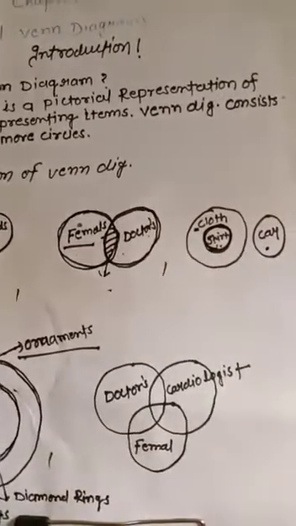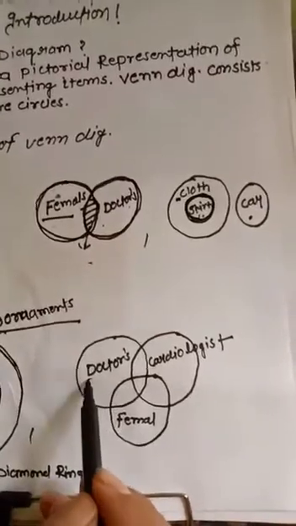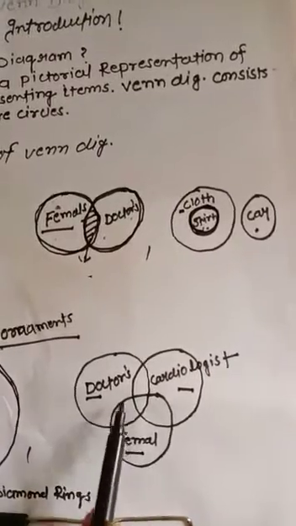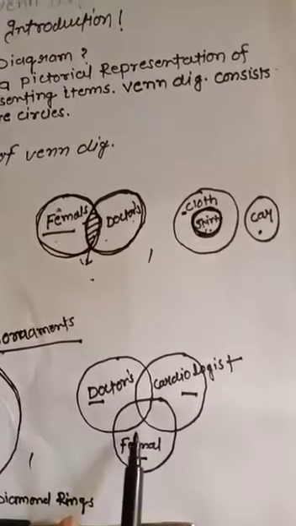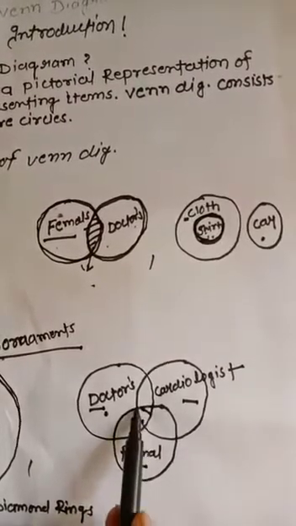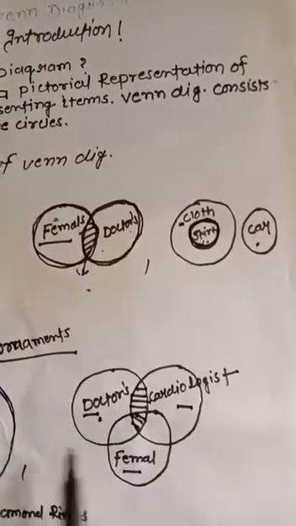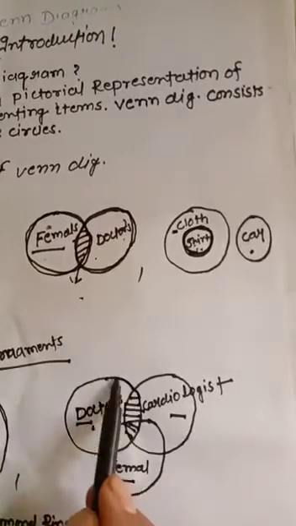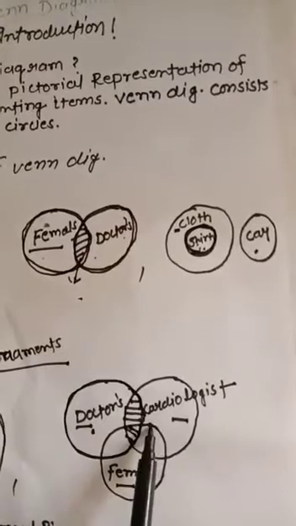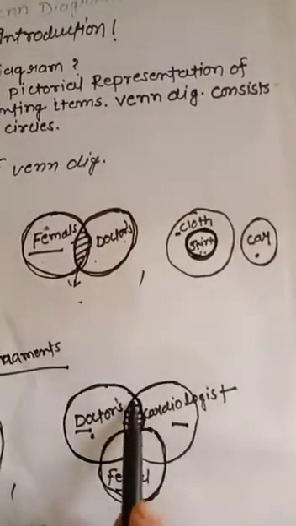Similarly, this is another kind of Venn diagram representation. This one says doctors, females and cardiologists. If these three circles are cutting each other, that means some doctors are female also. See, this part will say something, and this part will also say something. This circle contains all the doctors, this part of the circle all the females, and this part all the cardiologists.